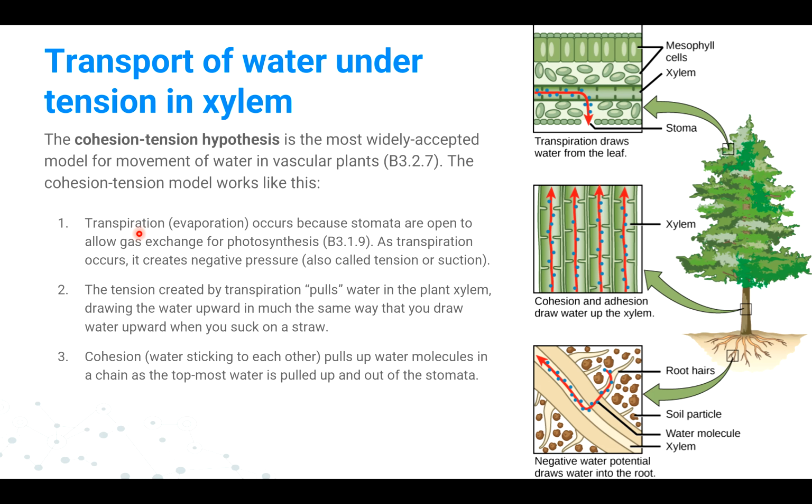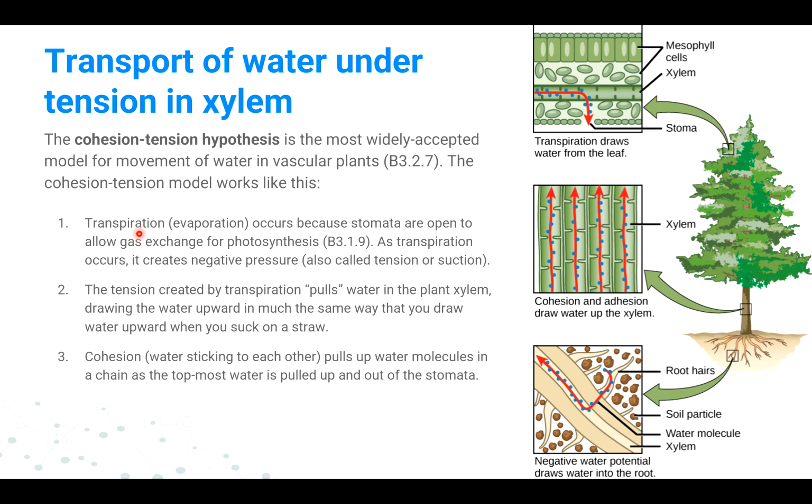And overall, the demand is being fulfilled by the soil, by the roots. So a tension created by transpiration pulls water in the plant xylem, drawing the water upward in the same way that you draw water upward when you suck on a straw.